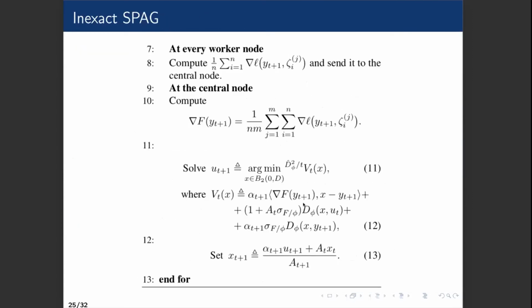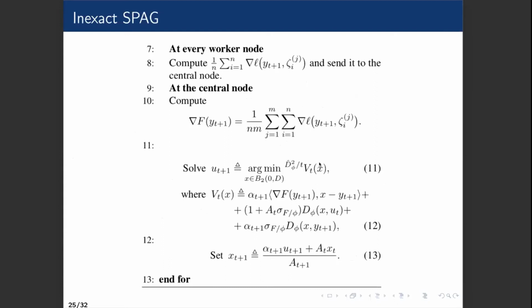So these functions contain only central node information, and the information from workers comes in the gradient of f. So this subproblem is much easier, and we need much smaller data to solve this subproblem.